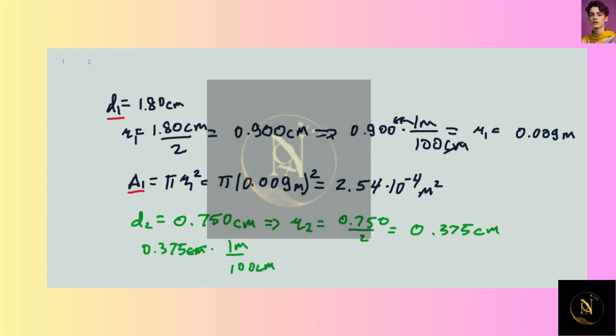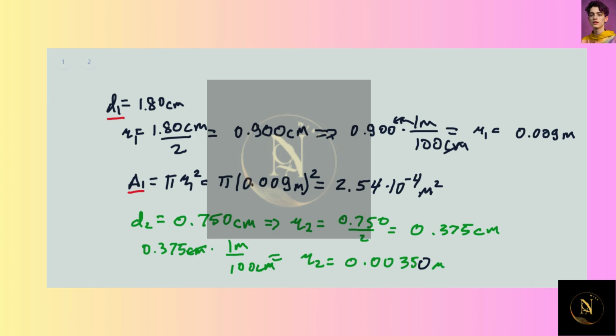Notice again, the units cancel out, and we'll have radius 2 at 0.00375 0. Don't forget the other 0 for significant figure purposes. Meters.